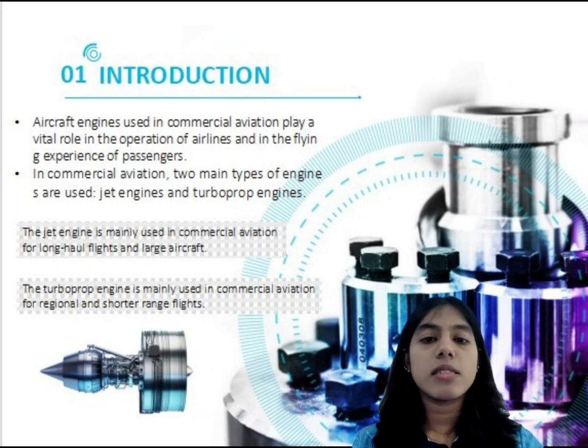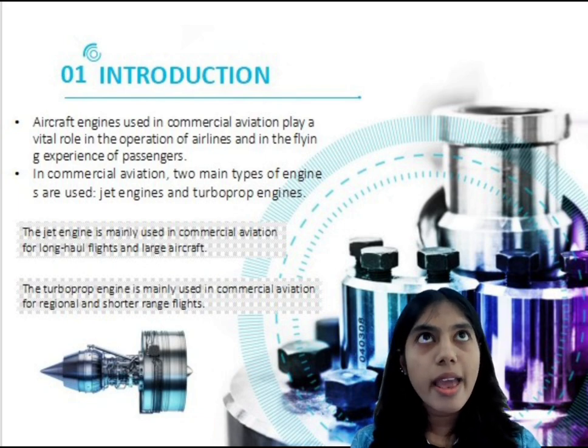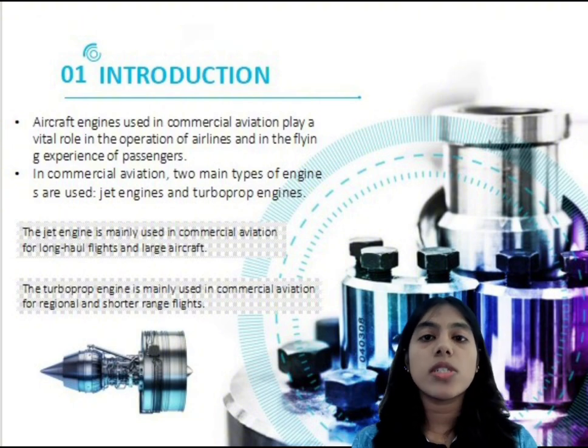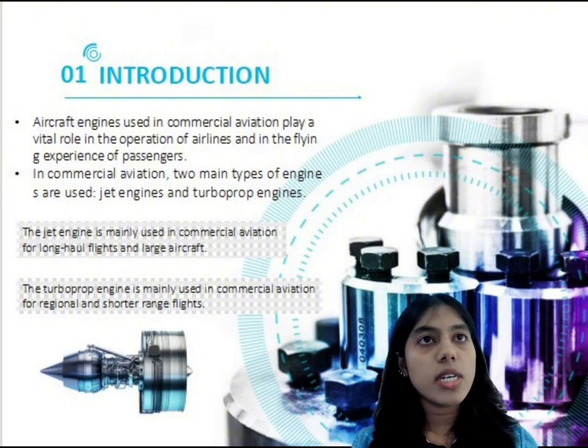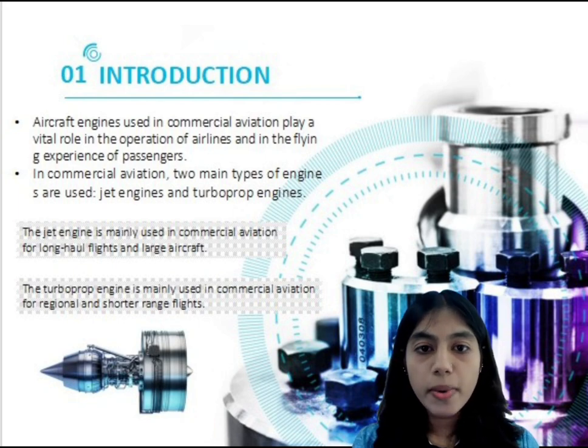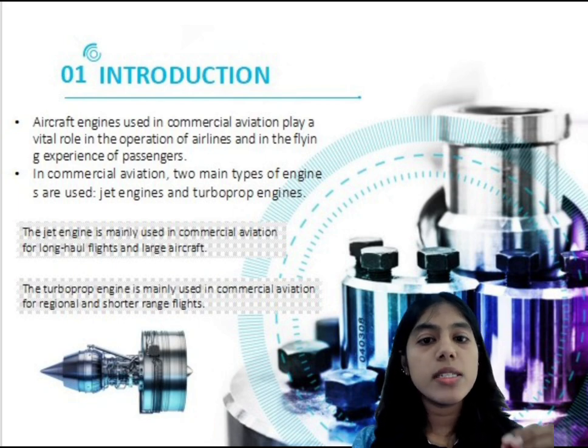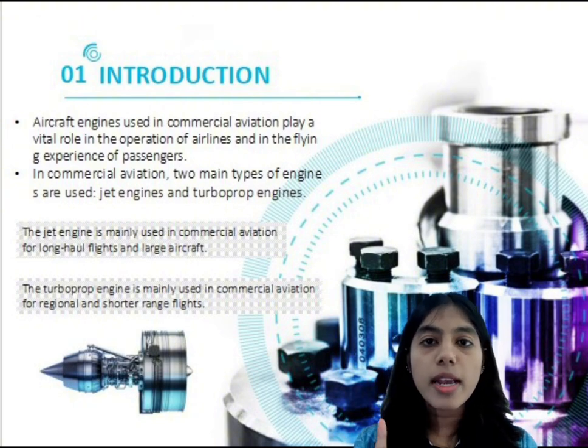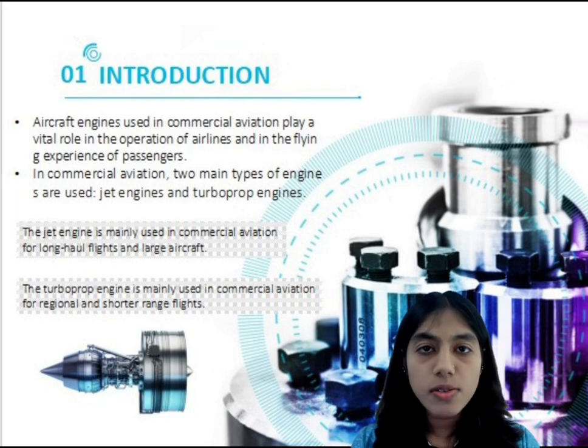Furthermore, an aircraft engine is made up of cold and hot sections. The cold section includes the intake, bypass, diffuser, duct and compressor. Meanwhile, the hot section consists of the combustion chamber, turbine, nozzles and exhaust.